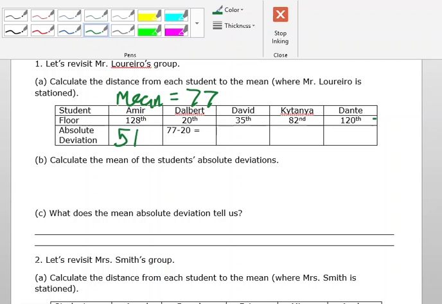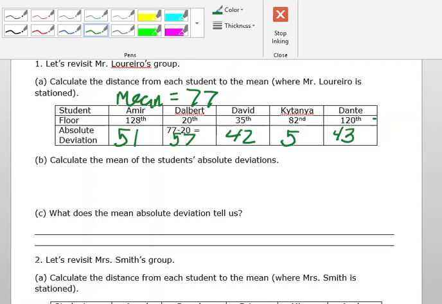If Dalbert is on the 20th floor, he is 57 floors away from 77. David is on the 35th floor, 42 floors away from 77. Catania is on the 82nd floor, 5 floors away from 77. And Dante is on the 120th floor, 43 floors away from 77.